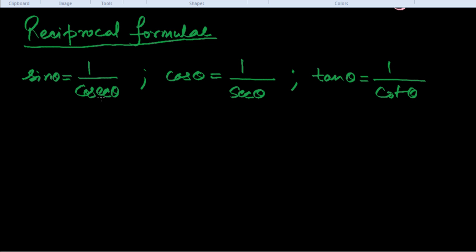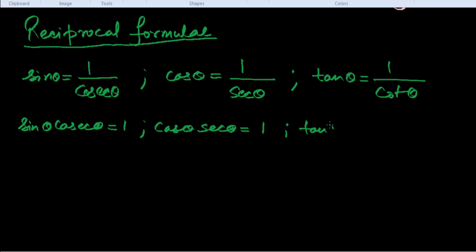Now we multiply this cosec theta to the left side, we get sin theta multiplied by cosec theta is always equal to 1, cos theta multiplied by sec theta is also always equal to 1, and tan theta multiplied by cot theta is also equal to 1.